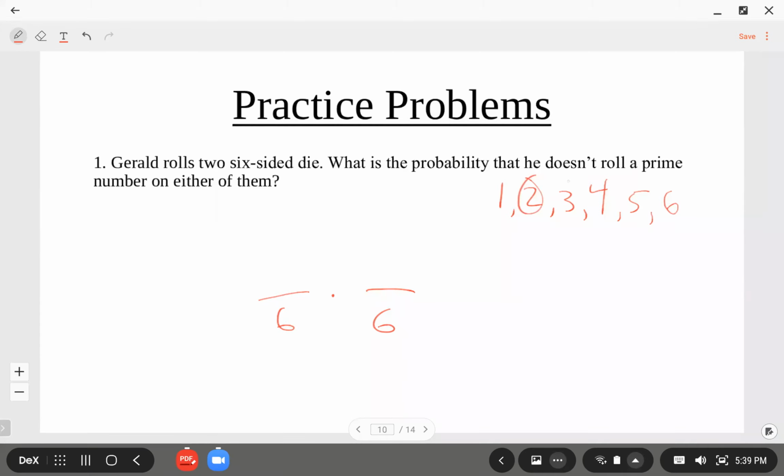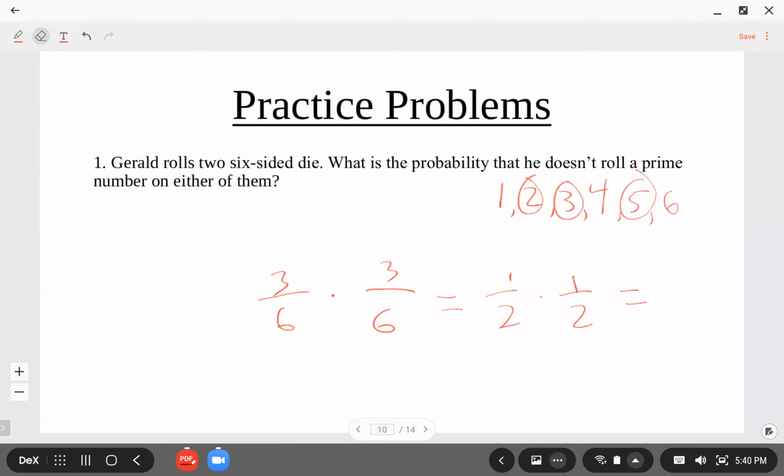So we have 2, 3, and 5. Now, 1 doesn't count, because 1 is not a prime number. 2 is the lowest prime number. So 1, 4, and 6 are not prime numbers. So we have 3 choices. The same on the other die. And what you see here is 1/2 times 1/2, which equals 1/4.